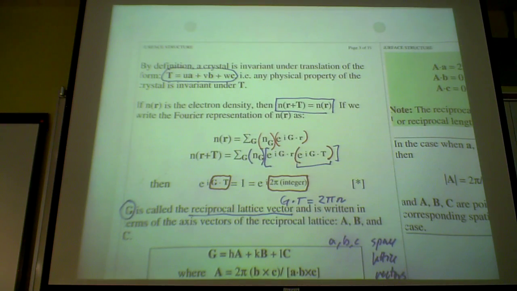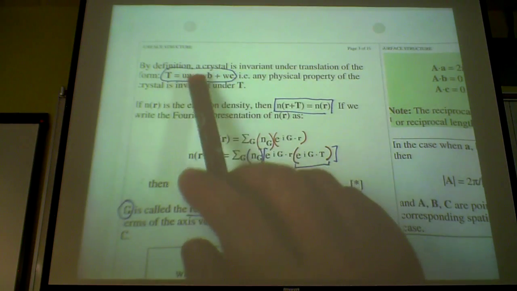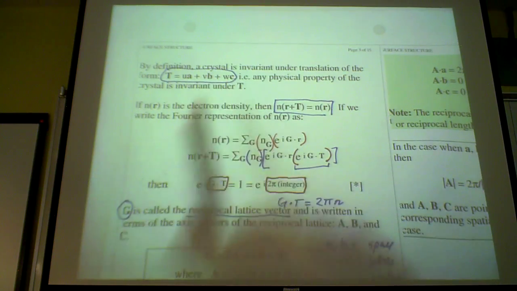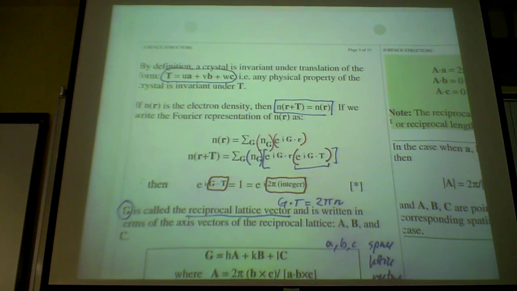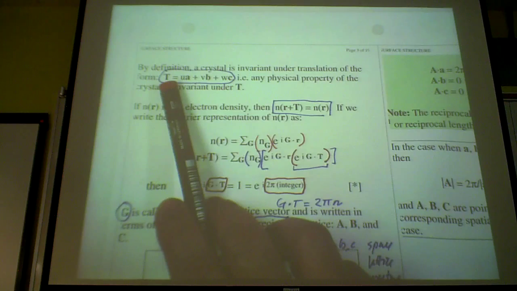In other words, if I move myself from one point to another by this T vector, the translation vector, I would not know that I have moved, because I stay with one atom in this lattice, and then I move n amount of A spacing and these different integral multiples of A, B, and C distance, I would not notice any change. And that's what we meant by symmetry, right? Because you generate these periodic properties of your crystal in 3 dimensions. So by definition, a crystal is invariant under translation of this form, this translation vector T.